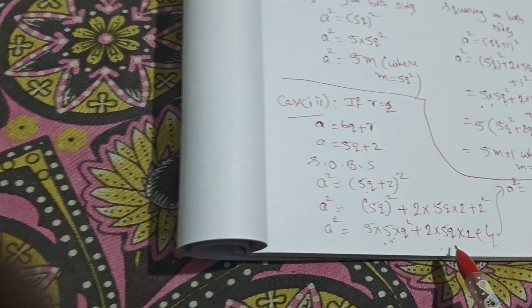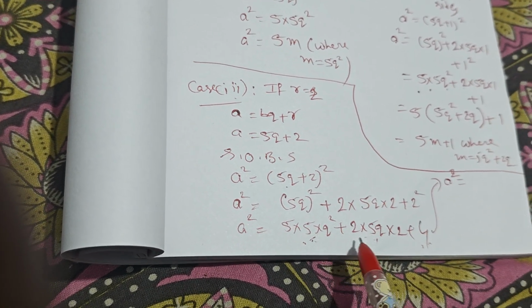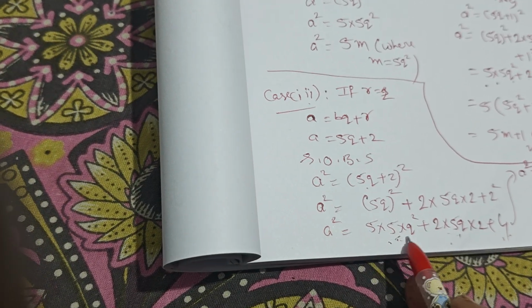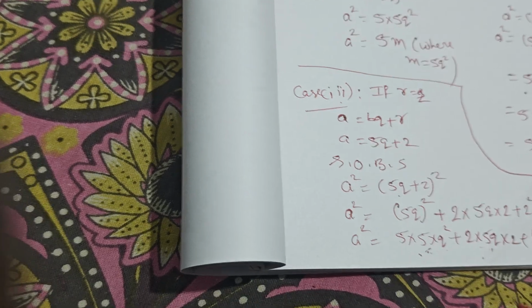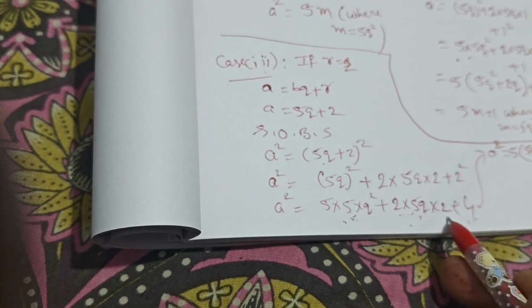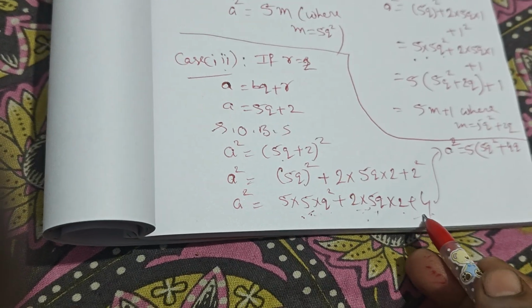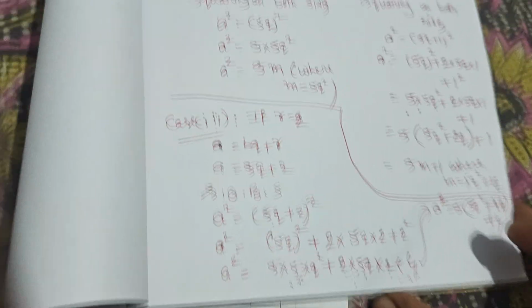Here 5 will come common, here 5 will come common. But here 5 won't come common. So you leave this. In these two you take 5 common. If you take 5 common, what is left here? 5q square. If you take 5 common here, what is left here? 2 2s are 4q. Here 5 won't come common, no? Plus 4 is there. So close the bracket and write plus 4.